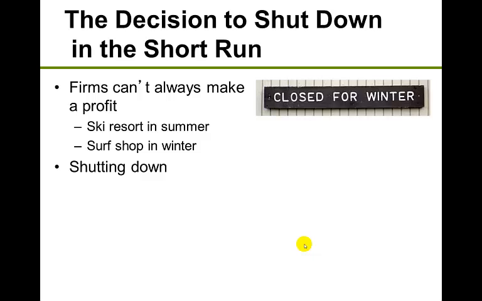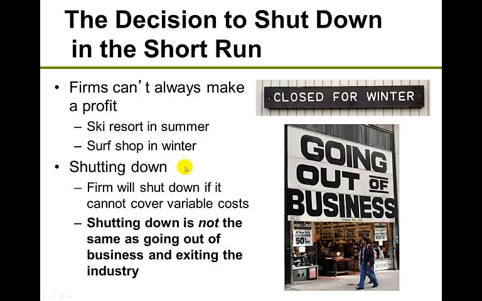If you can't make a profit, firms may decide that it's worth it to shut down in the short run. Classic examples are Aspen ski resorts shutting down, beach towns, restaurants in beach towns being closed for the winter. This is not necessarily the same thing as going out of business. This is shutting down temporarily when it's not worth it to stay open.